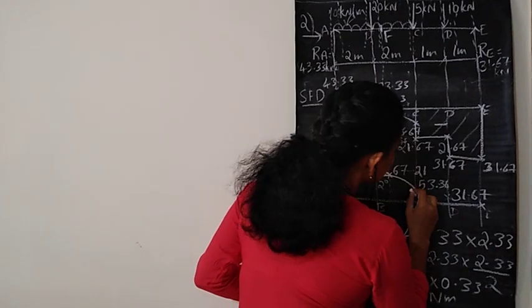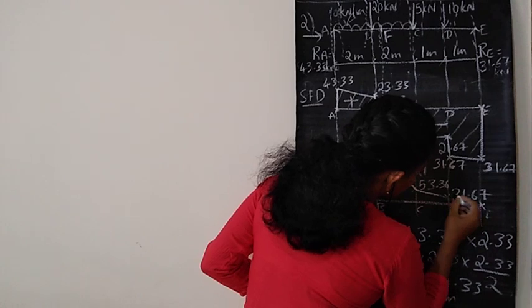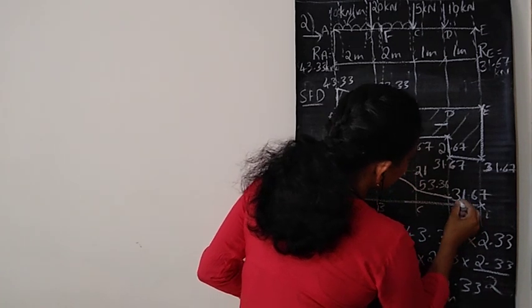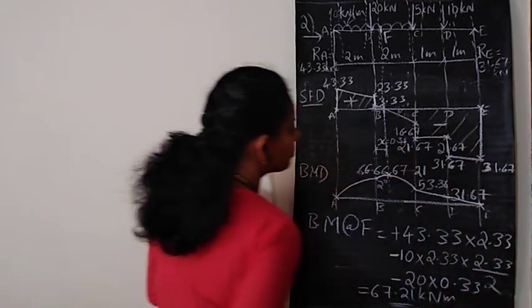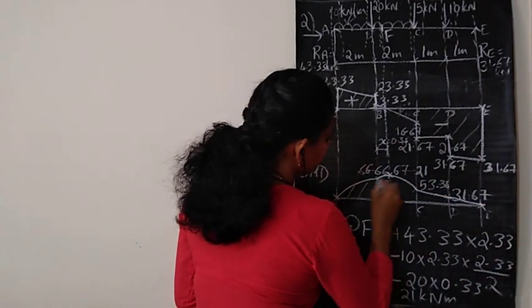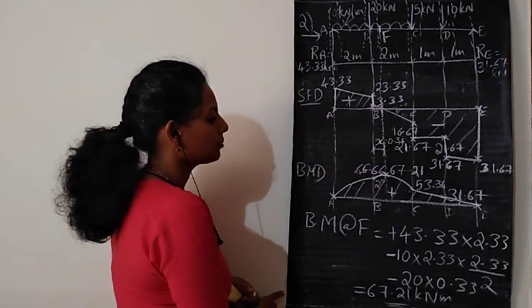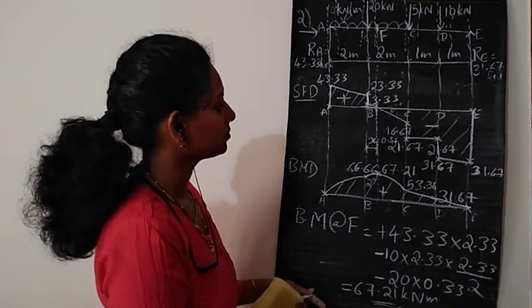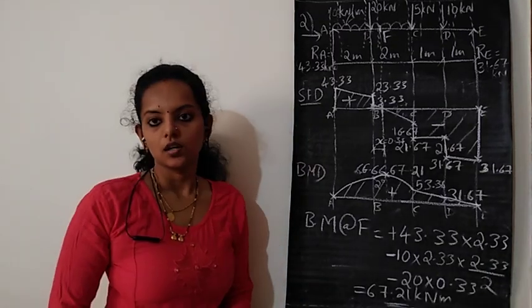Then for point load, it will be a straight line. Just mark. All the values are positive. So we have, this is your region. This is your bending moment diagram. Okay, thank you.